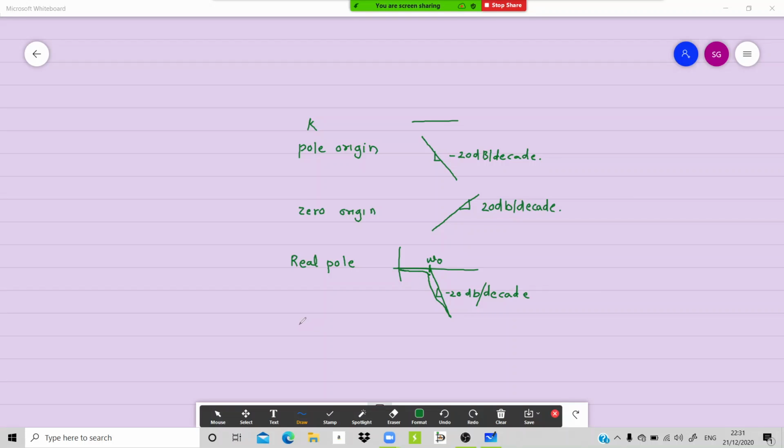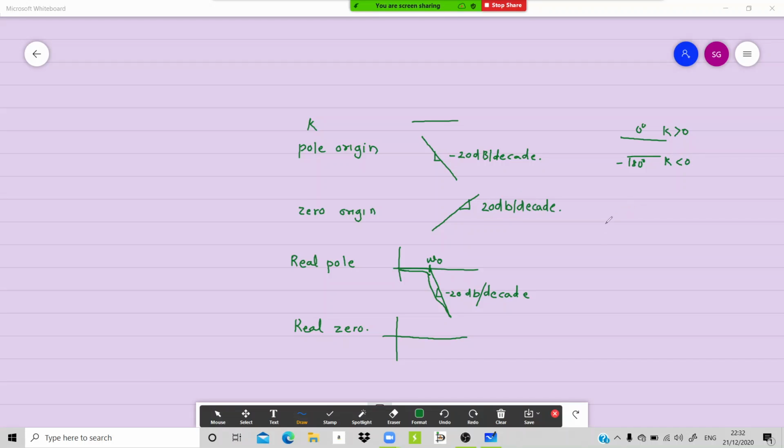Then real zero, right? Yeah, I forgot to draw the phase plots. It was 0 for k greater than 0, and it was 180, minus 180 degrees for k less than 0.